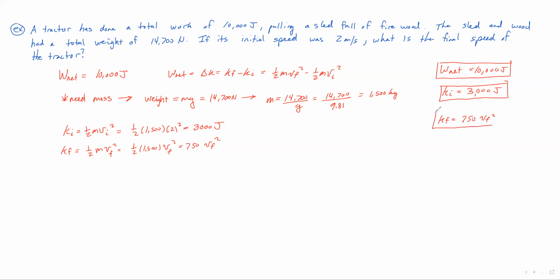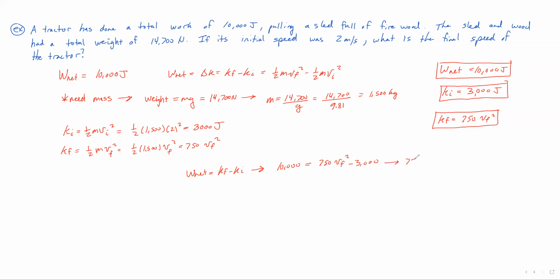The reason I like to do this is because then if I have all the pieces to my W net, I know that W net is equal to KF minus KI, right? And I have all these pieces. So just plugging what I know, I can say that 10,000 is equal to 750 VF squared minus 3,000, right?